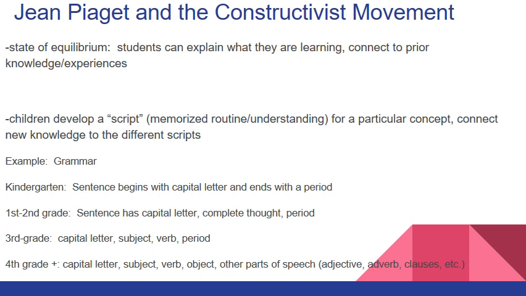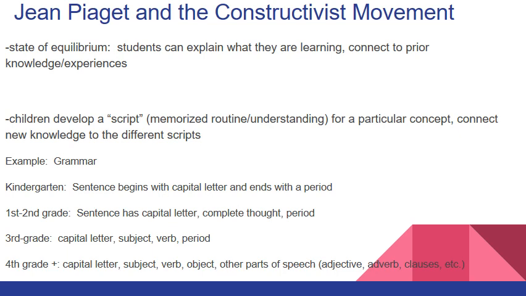However, through regular repetition throughout the grades, that has already been part of your script as a student. Now, when you write your papers, you probably don't take a lot of time to think, oh, I must put a capital letter, oh, I finished my thought, I must put a period at the end. You probably already do that naturally. That is a script that has been memorized and placed in your mind through repeated practice.